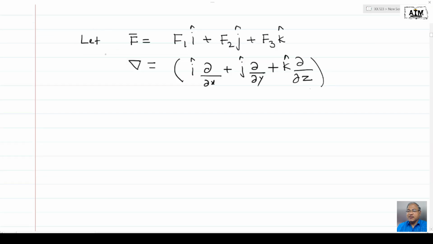Let vector f be a vector point function, and let nabla be the differential operator.